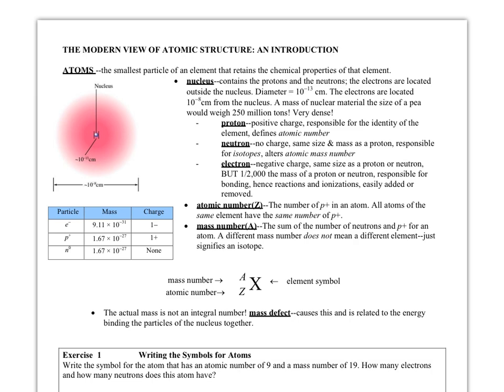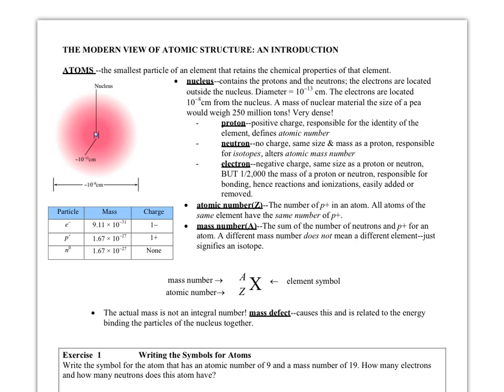Within our nucleus, we find our protons and our neutrons, and then the electrons are located outside of that nucleus, in what we call the electron cloud. But notice how much smaller the dense nucleus is compared to the full electron cloud. However, the protons and neutrons within the nucleus are where all of our mass is coming from.